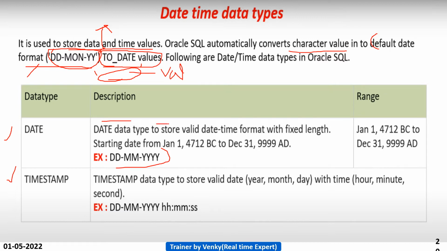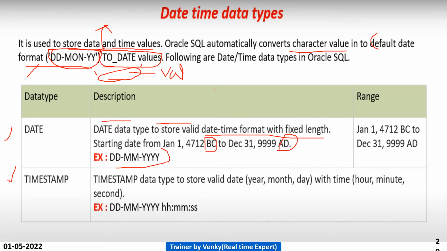The date data type is used to store a valid date and time format with a fixed length. The starting date format is BC and AD, as I think everyone knows. You can search if you want to know more, but it's not mandatory to know.